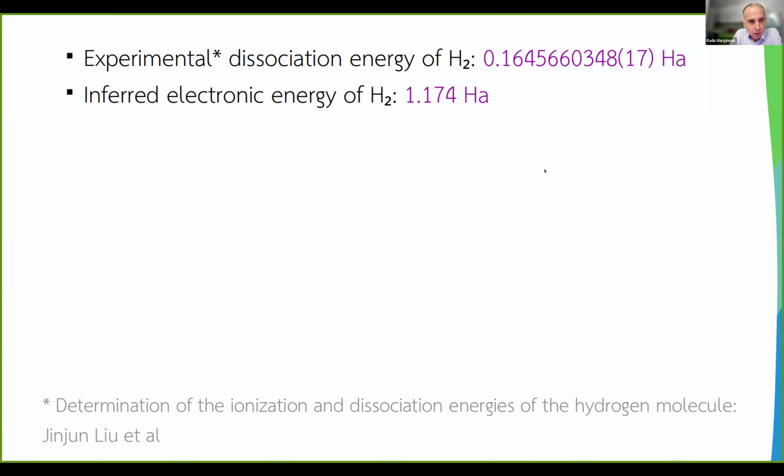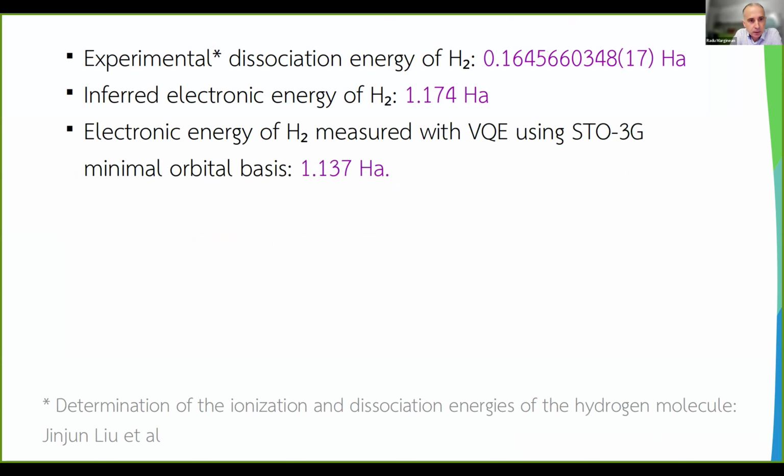And for this, you can infer the correct electronic energy for hydrogen to be about 1.174 Hartree.